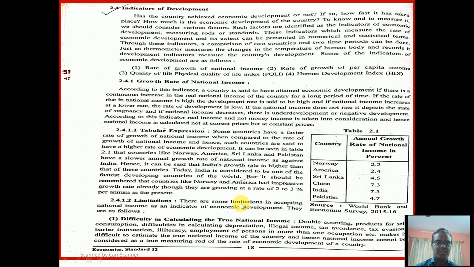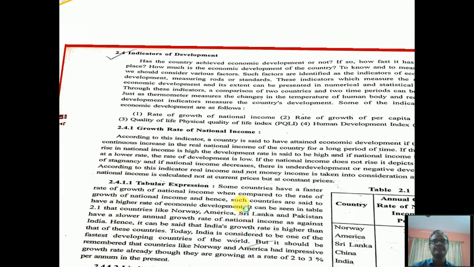Double counting of production, difficulty in calculating depreciation, 2 to 3 various methods, illegal income, avoidance of tax, some hidden income, illiteracy, unemployment, and more than one occupation are also there. So there are so many difficulties in calculating national income, and if it is difficult to calculate national income, we cannot find out the real annual growth of national income.